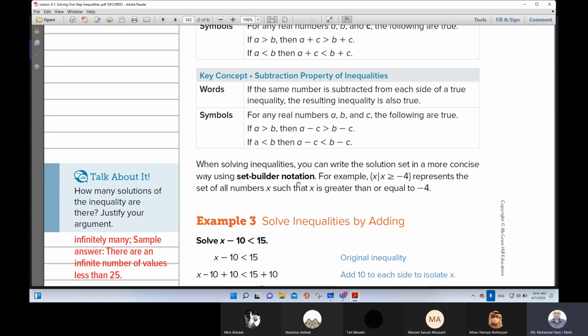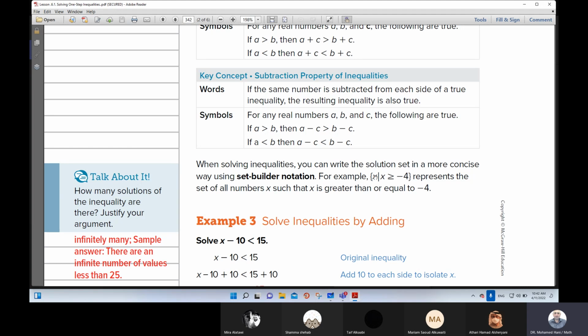When solving inequalities, you can write the solution set in a more concise way using set builder notation. What's the meaning of set builder notation? This is called builder notation.